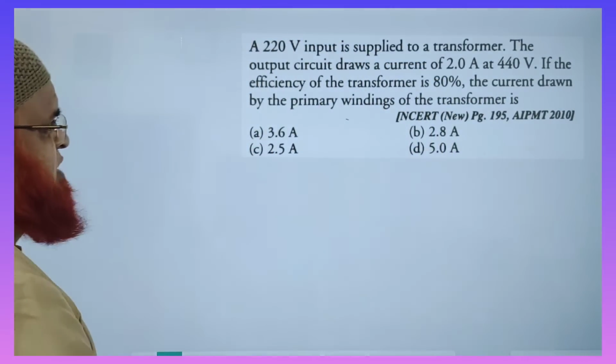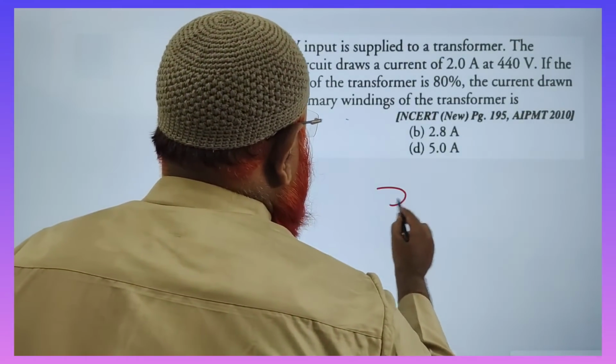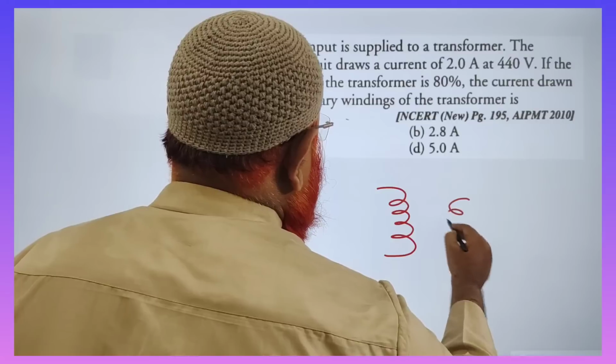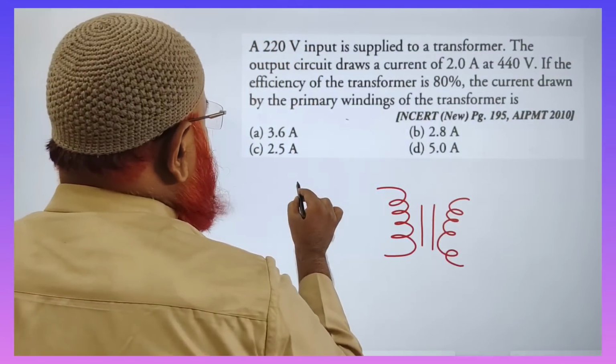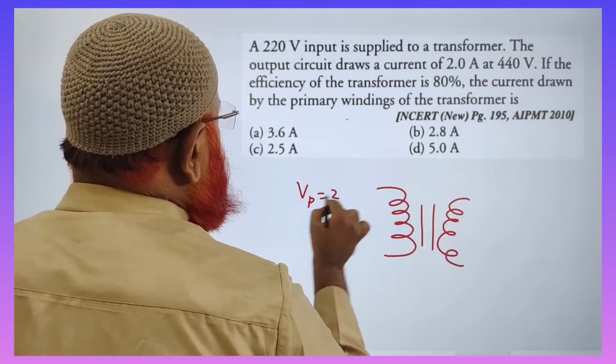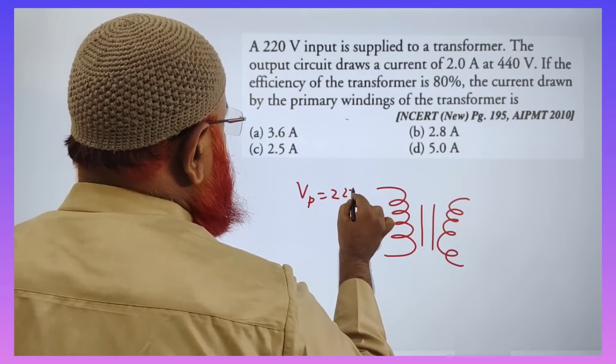Now let us go for the next one. Let us take one transformer. A 220 volts at the input means voltage at the primary is how much? 220 volts.